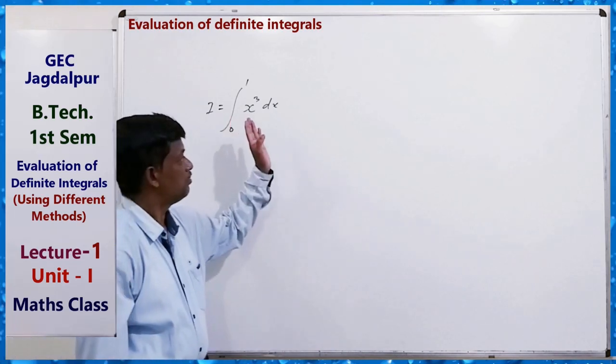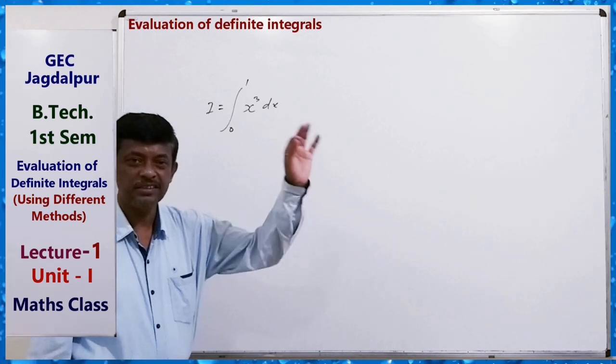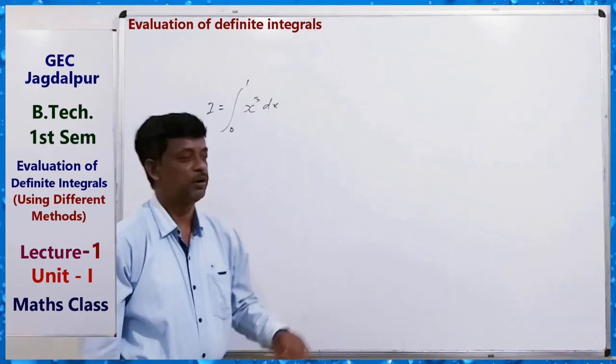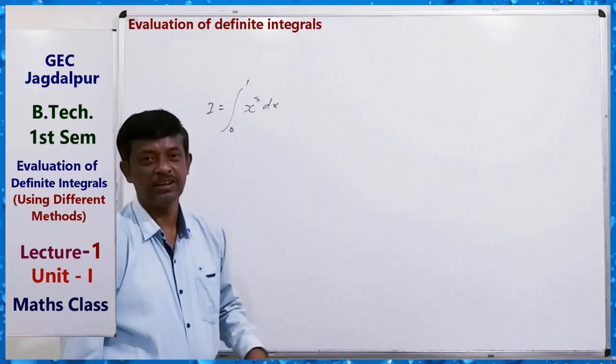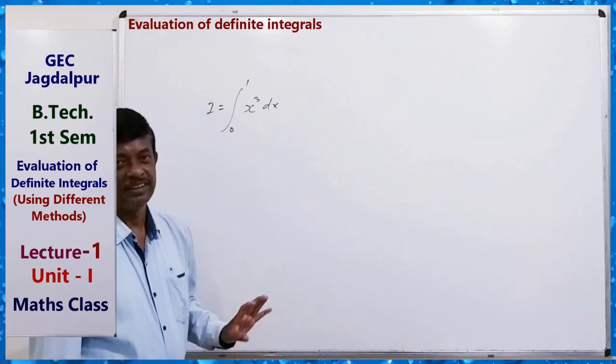You can find its value by using limit as a sum, by using properties, or by using the fundamental theorem.